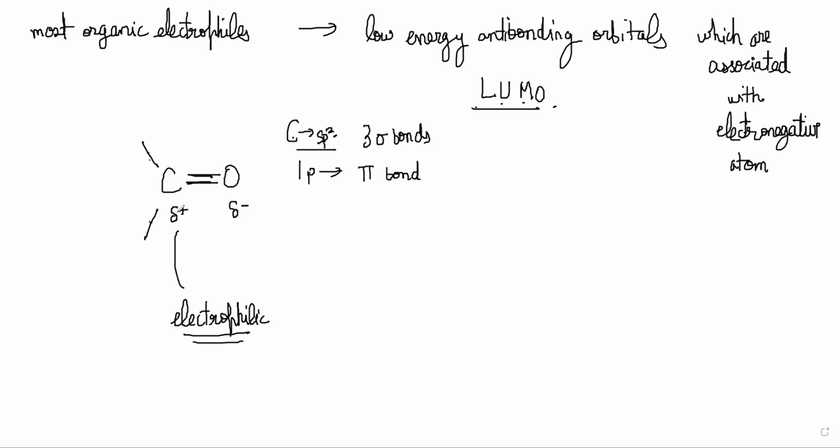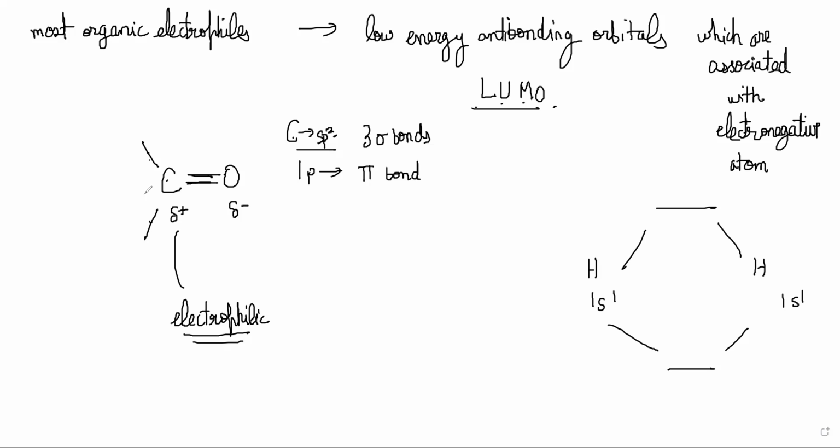Now, when you make the molecular orbital structure, if you remember, the way we drew molecular orbital structures, we took 1s and 1s and made bonding and anti-bonding orbitals, right? However, here you have carbon and oxygen, and they have different energies.